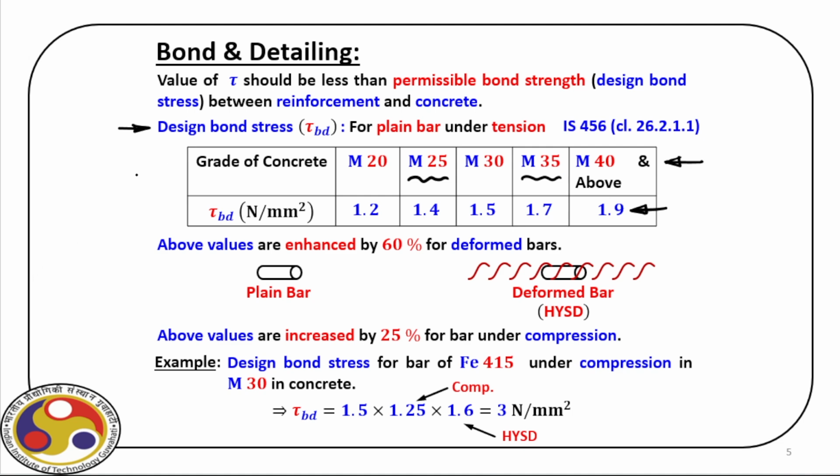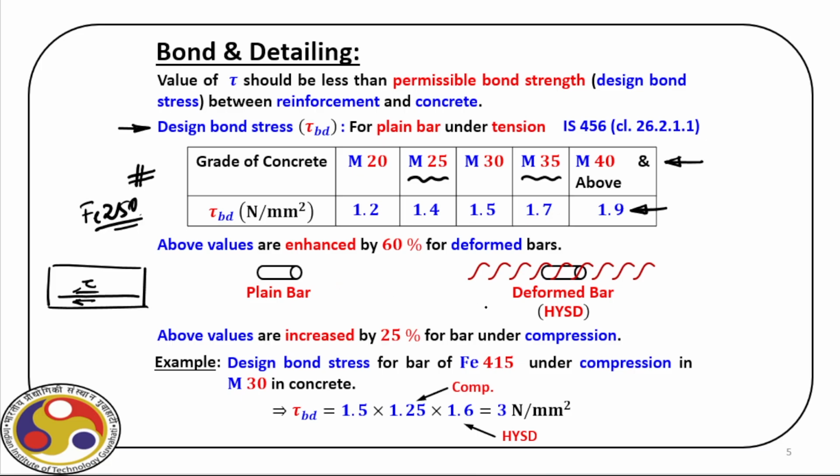Now, one thing to be noted here is that the values given in this table must be enhanced for HYSD bars. These values are for plain rebars, for example Fe250. These plain rebars, when used in beam design, develop the bond stress tau at the surface.